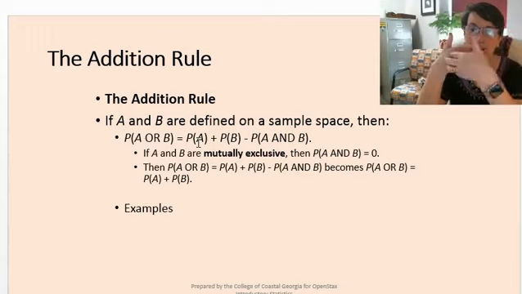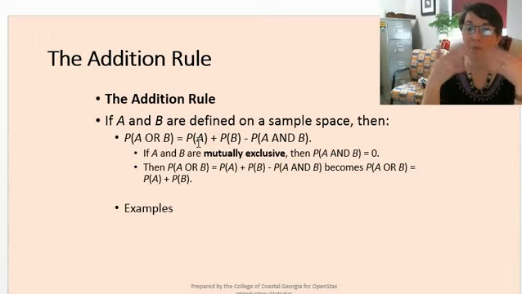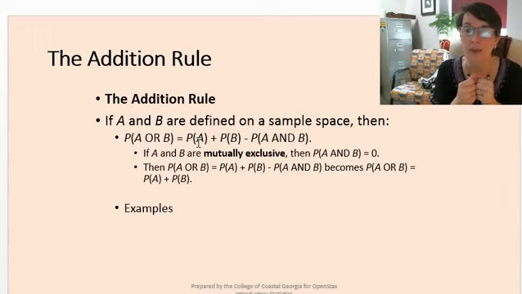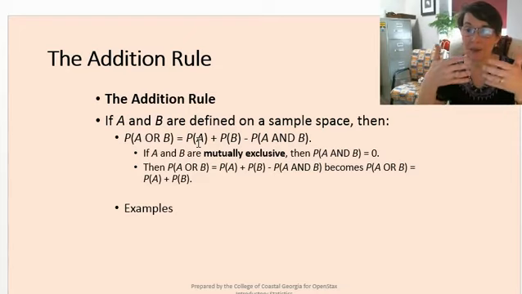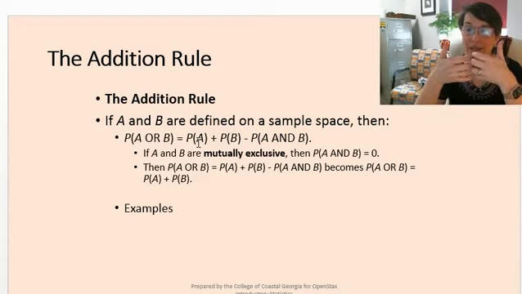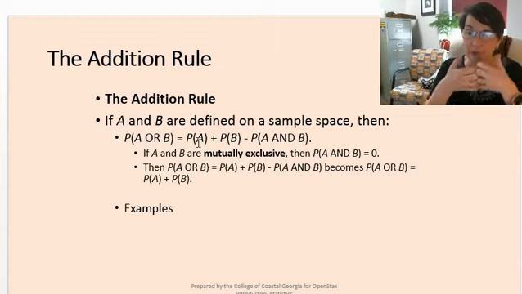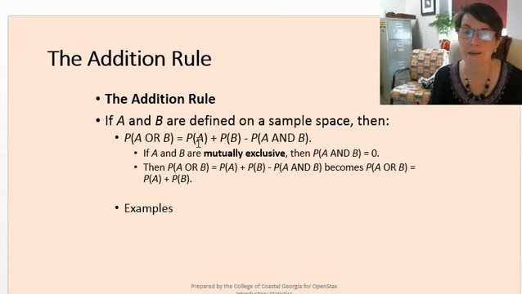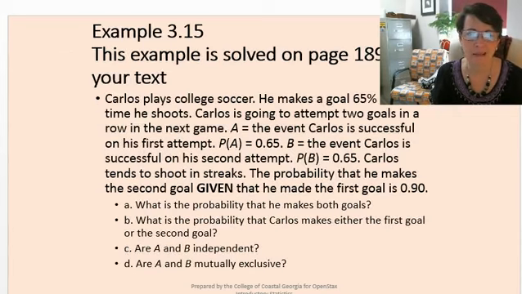So if I were just to add all those probabilities together, I would get more than one, right? More than 100%, because I would be including those families that went to both parks. So that's why I have to then subtract out that A and B, then I get the fuller picture. So that's what that is all about. That's why there's a subtraction there. Hopefully that makes some sense.